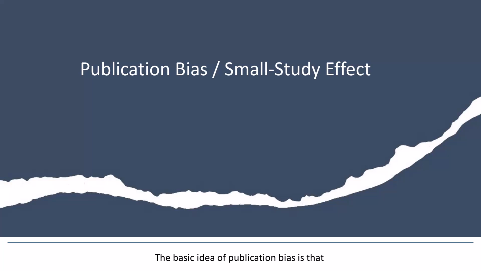The basic idea of publication bias is that studies which are statistically significant are more likely to be published, and studies which are not statistically significant are less likely to be published. Since studies which are statistically significant tend to have higher effect sizes, the mean effect size in the literature will tend to overestimate the true mean.